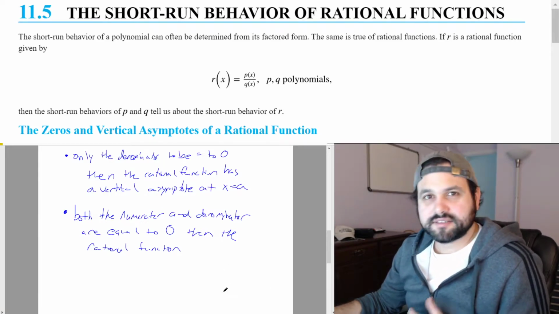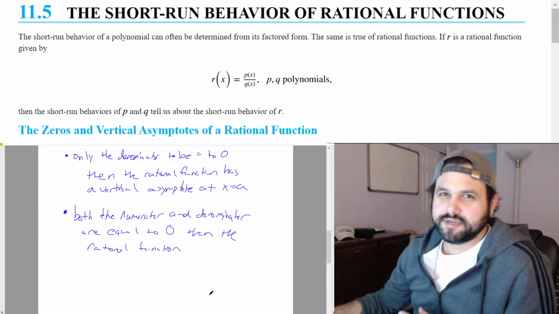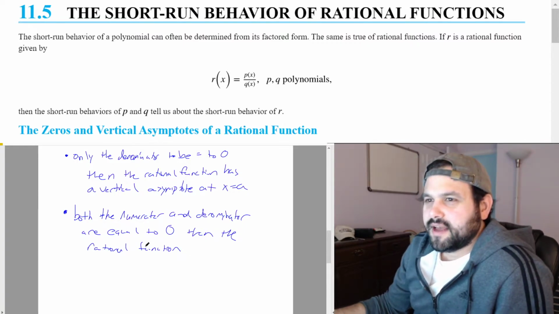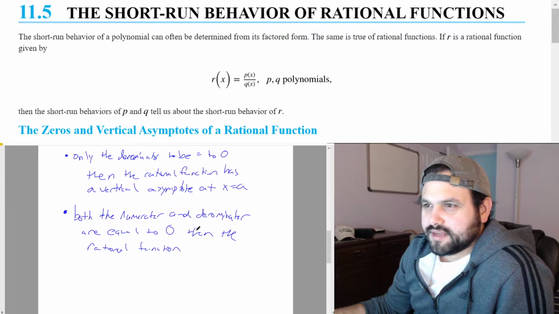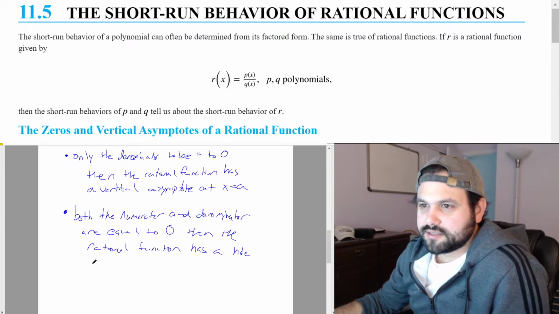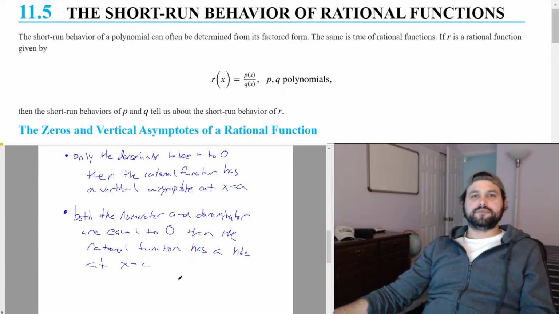And if you ask Siri what 0 divided by 0 is, you get some funny response. It's kind of interesting. So the rational function has a hole. There's a hole in the function at x equals a, at whatever value we're talking about here.